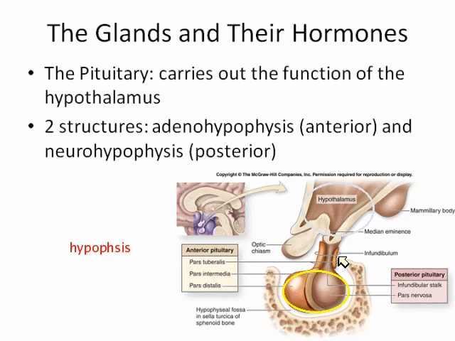Even though this is very often considered the master gland, you have to keep in mind that it's not really operating by itself. It's not the overall mastermind. It is receiving its directions from the hypothalamus within the central nervous system. So keep that in mind.